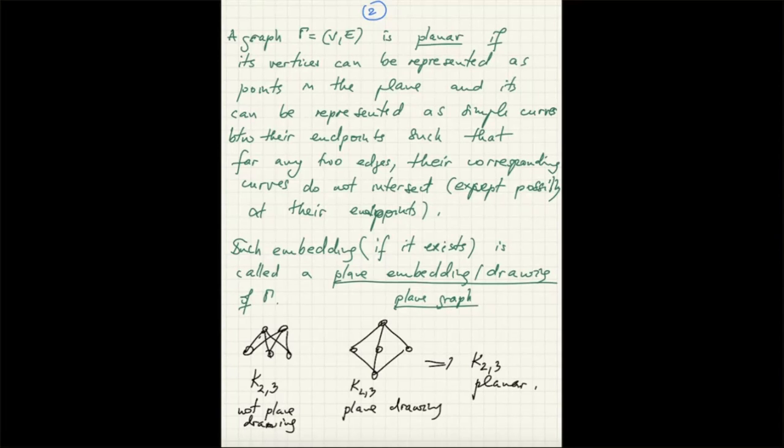Now note that there could be several plane embeddings for a given graph. If we take, for example, this graph here, gamma, this is one plane embedding of it, which is different from if we draw the graph this way.